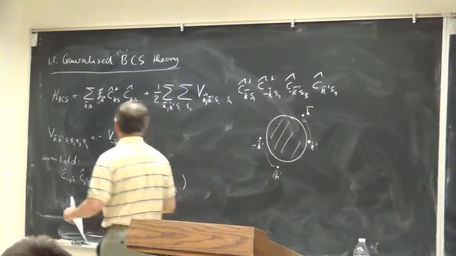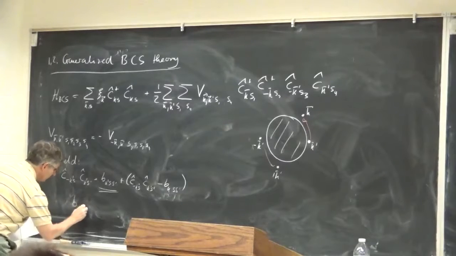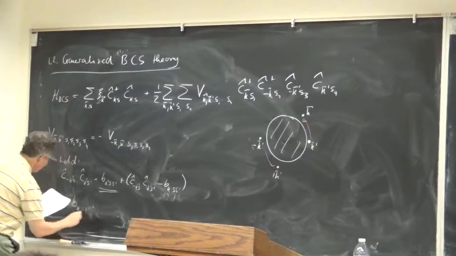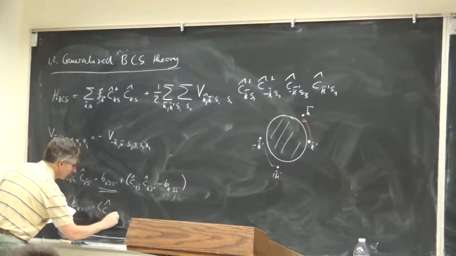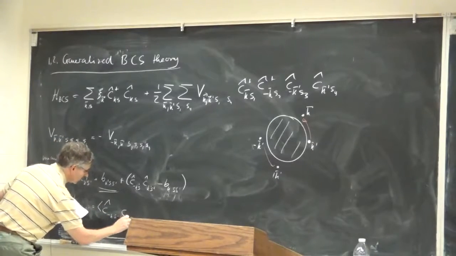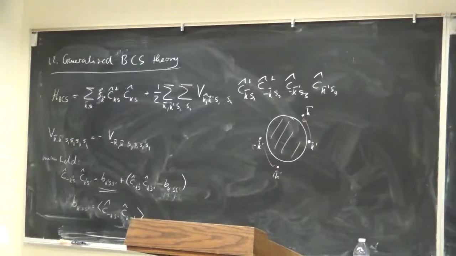So this P of k and k prime, P of k prime and s prime, that's then just considered as the mean value of these two operators.